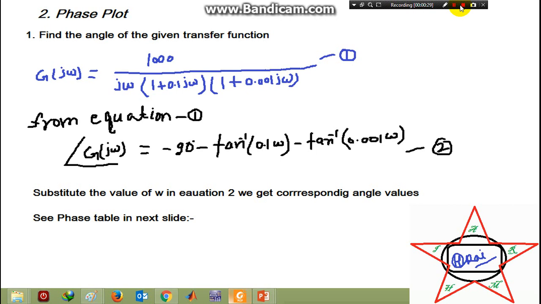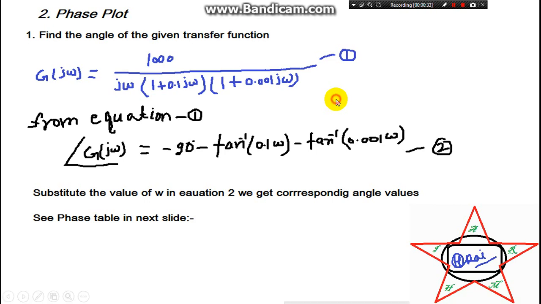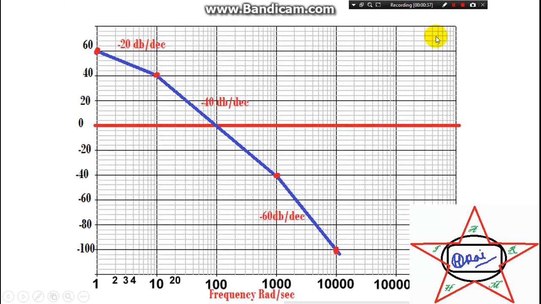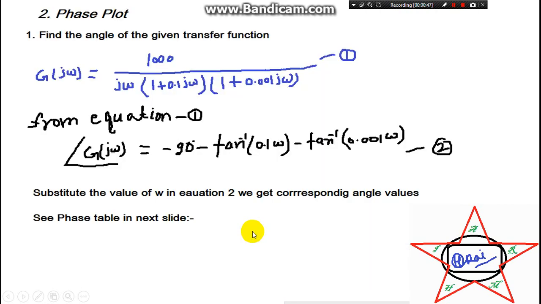Till now we have studied how to draw the magnitude plot of the Bode graph in a semi-log graph set. So we'll continue from here.